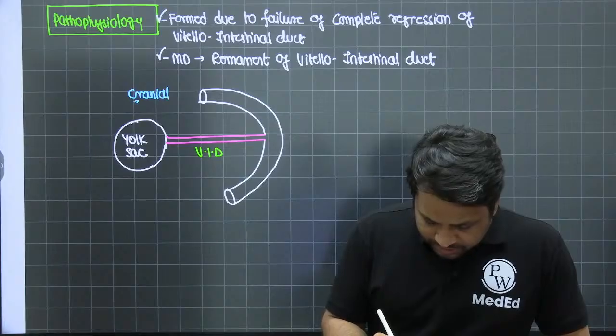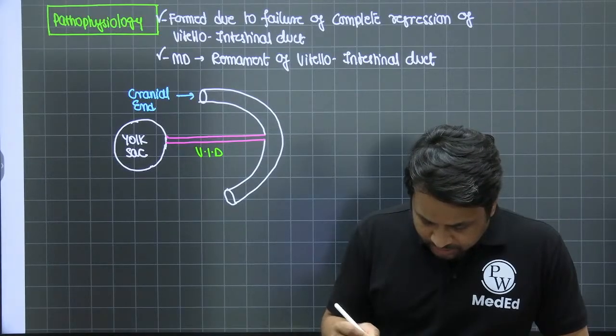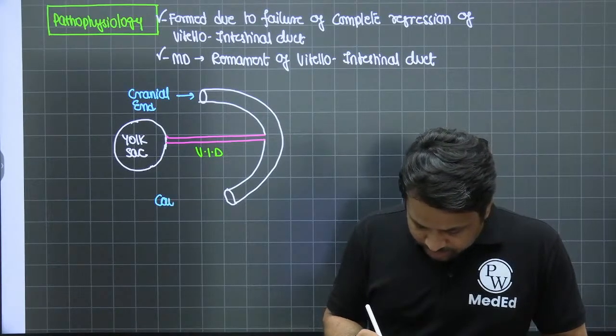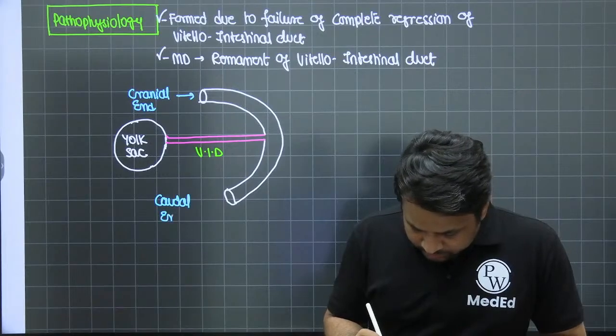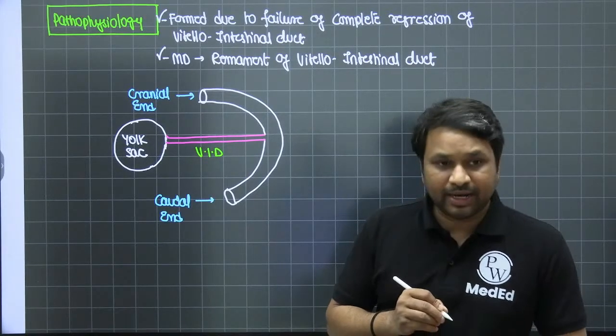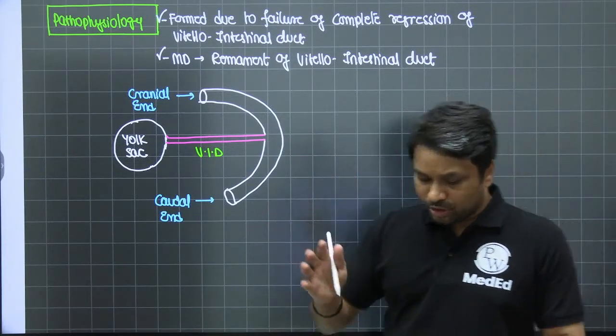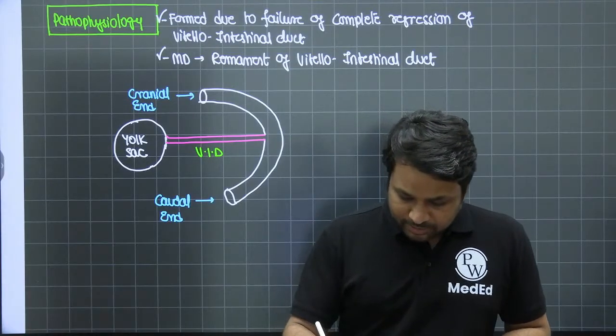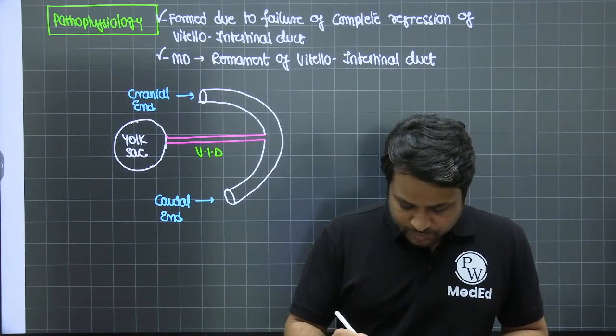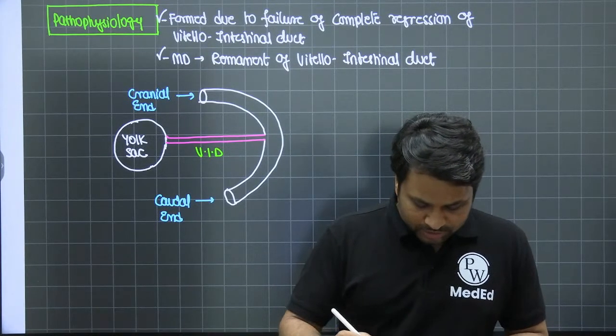This is the cranial end of the midgut, and this happens to be the caudal end of the midgut. The bowel is going to be pulled inwards, right? As it pulls inwards, you will see the attachment of the bowel to the mesentery is on the other surface.